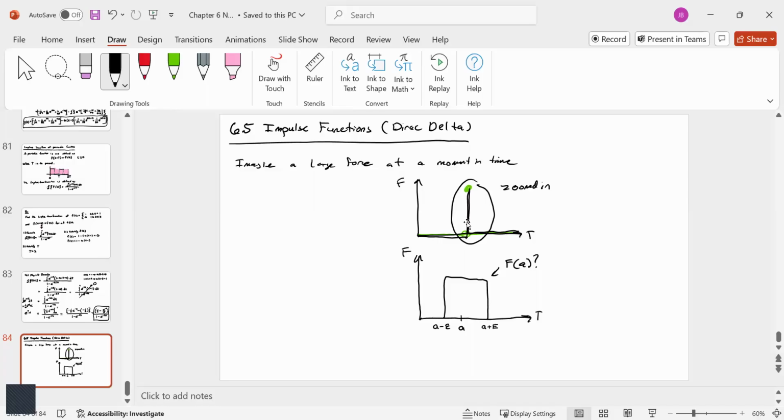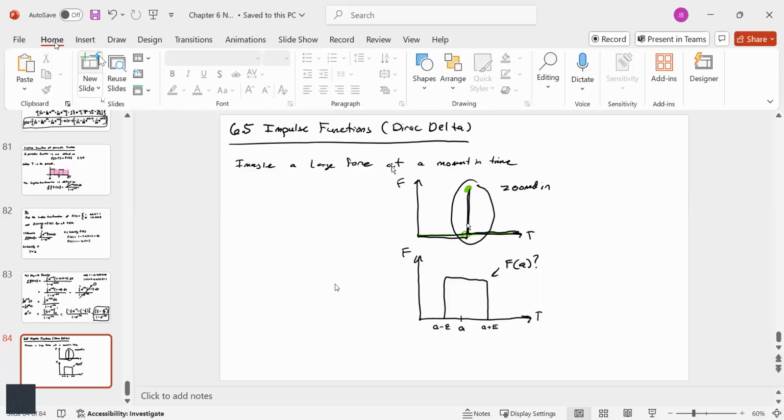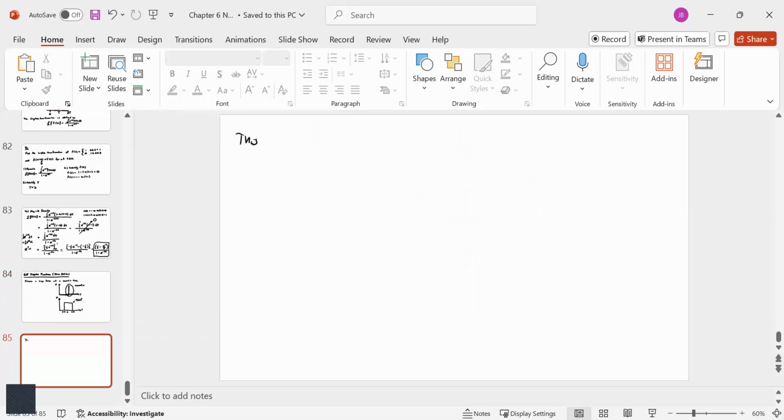And so this mathematician, Dirac, or however you pronounce it, I know I'm probably mispronouncing it, came up with this idea of, okay, we're not going to think about this in the traditional sense, right? So this function is not really a traditional function, but rather a distribution.